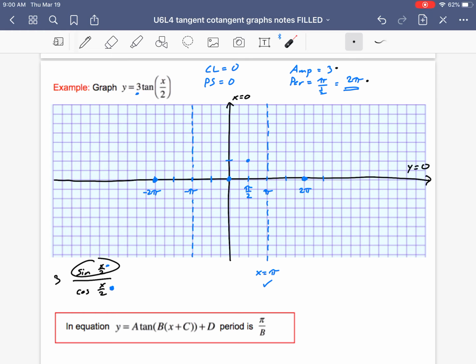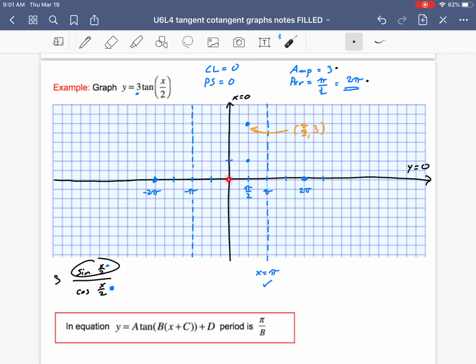So 1, 2, 3. I'm going to mark this point here, let's do orange. This point right here is pi over 2, comma 3. Now these tangent graphs are symmetric about the origin.